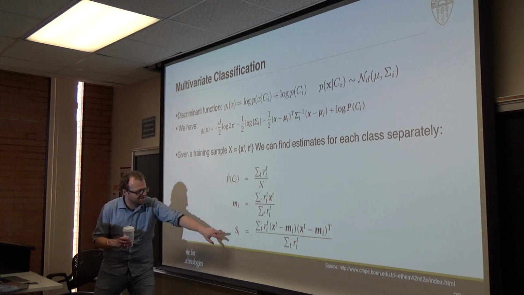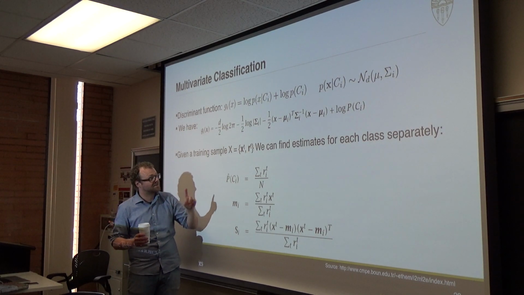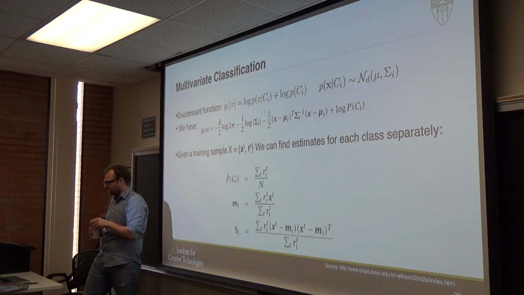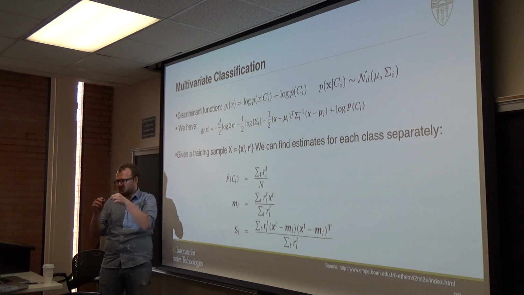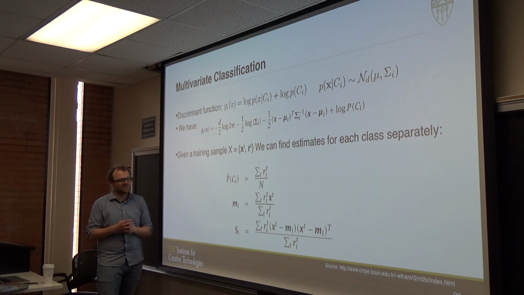And the I doesn't stand for the variables anymore, but for the classes. I should have made that clear. I need to work on the indices. So these I's here now are for the classes, so each class is a vector of mean values and a vector of variances, okay?